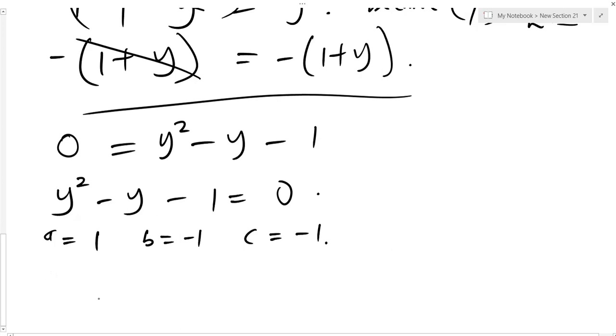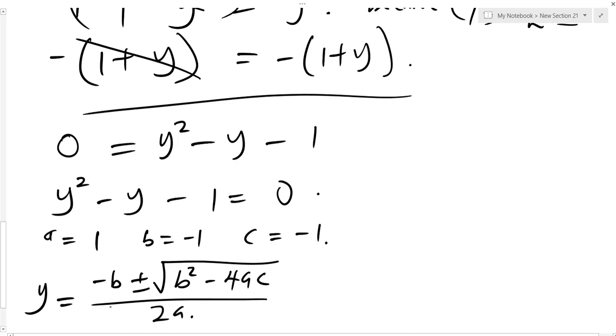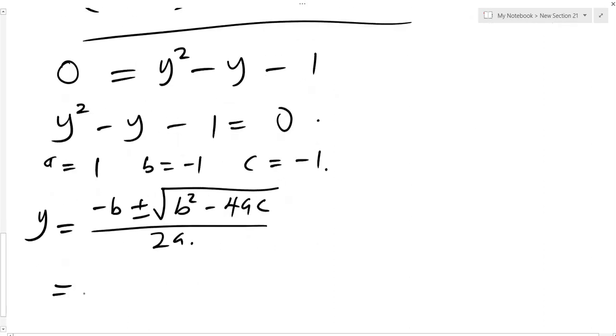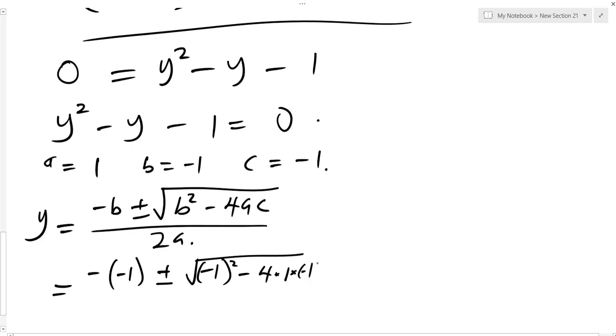Now using the quadratic formula, we have y equal to minus b plus or minus the square root of b squared minus 4ac, all over 2a. Now substituting these coefficients into the equation, you have minus times minus 1, plus or minus the square root of minus 1 squared minus 4 times 1 times minus 1, all divided by 2 times 1.